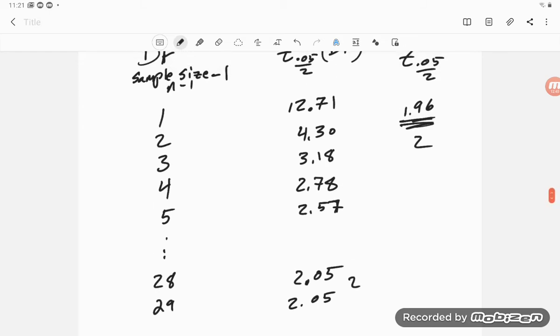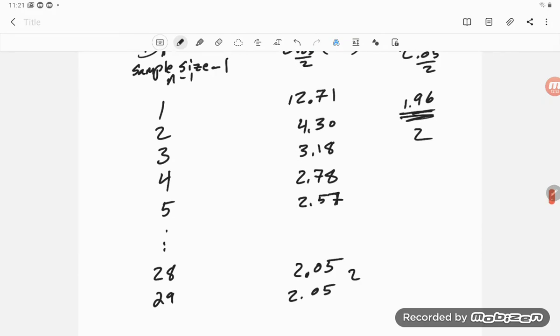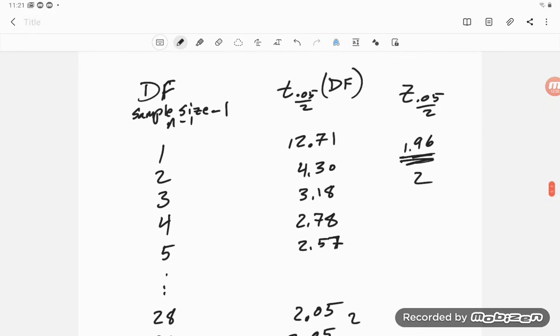So, we need to use that table to get these t-values.